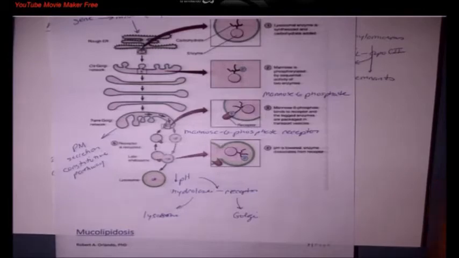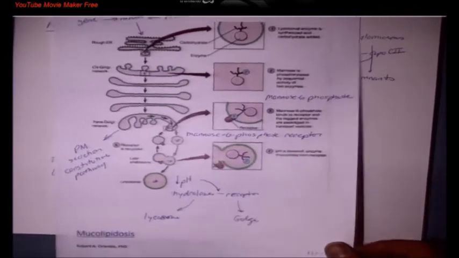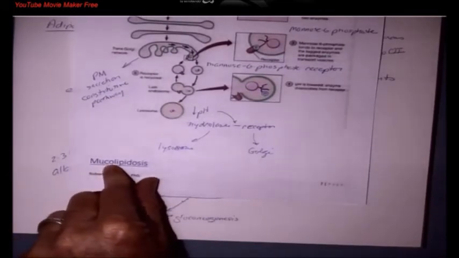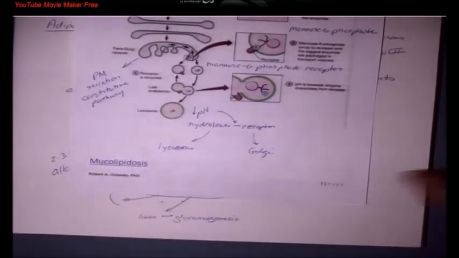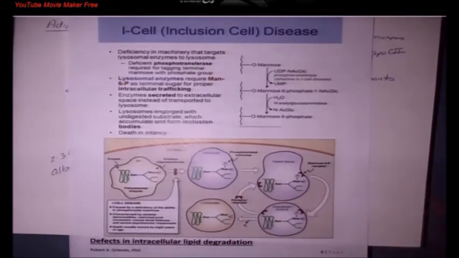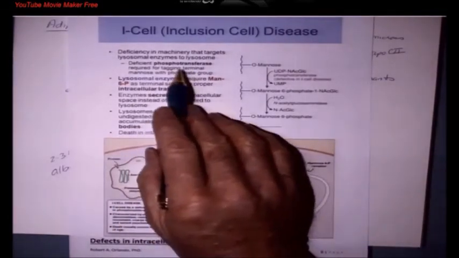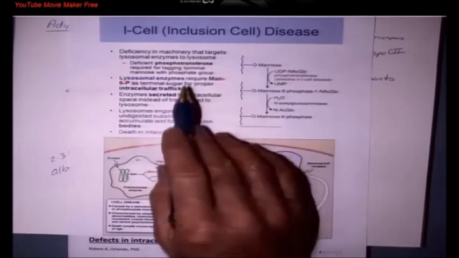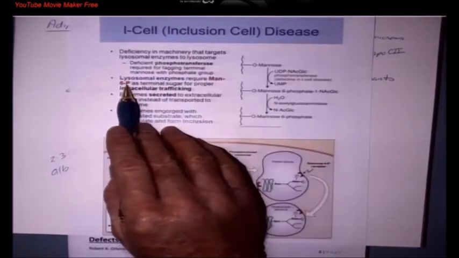Now, one of the biggest lysosomal diseases is called a mucolipidosis. And this particular one is called I-cell disease. And I-cell disease is simply a defect in the phosphotransferase that confers the mannose 6-phosphate signal.